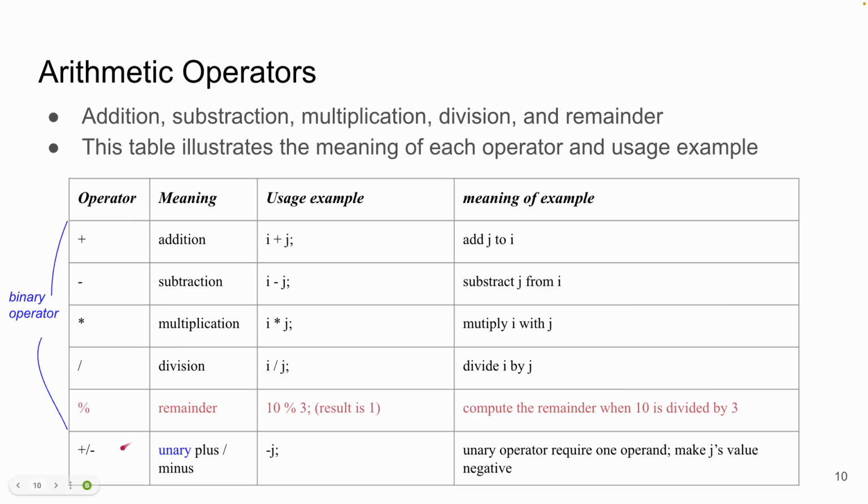So finally, let's check out the final set of operators. This set of operators is unary plus and unary minus. Unlike the meaning of binary, the meaning of unary is that this operator only has one operand.